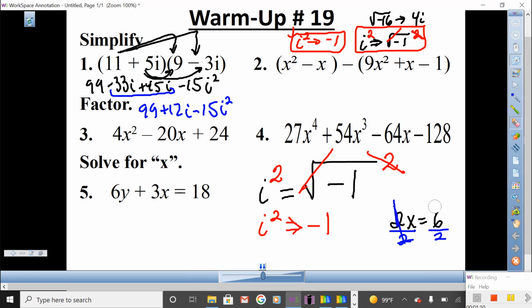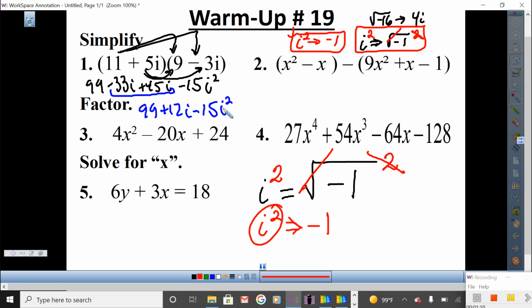Okay? So now that we have this, check this out. What did we say i squared was? Negative 1. Well, look, isn't this i squared? Therefore, I'm going to write 99 plus 12i minus 15 times, instead of i squared, what am I going to write?